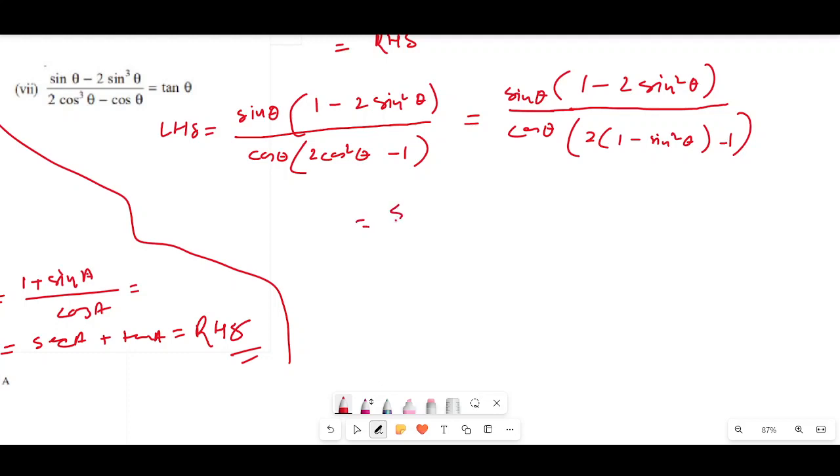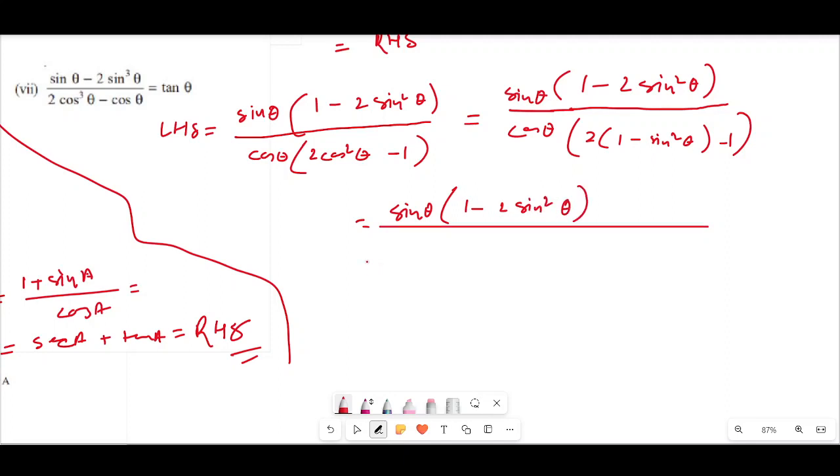Now sin theta here, 1 minus 2 sin square theta. Now here it will be cos theta and 2 minus 2 sin square theta minus 1, 2 minus 1, it will be 1. So we got the same things here.